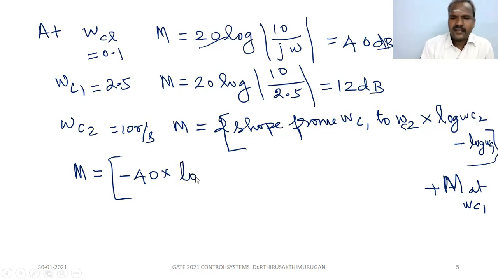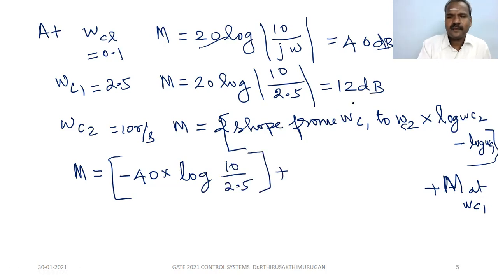You know that log M minus log N equal to log of M by N, right? So using that, log omega C2 divided by omega C1, so log of 10 divided by 2.5, plus the magnitude at omega C1, 12 dB.